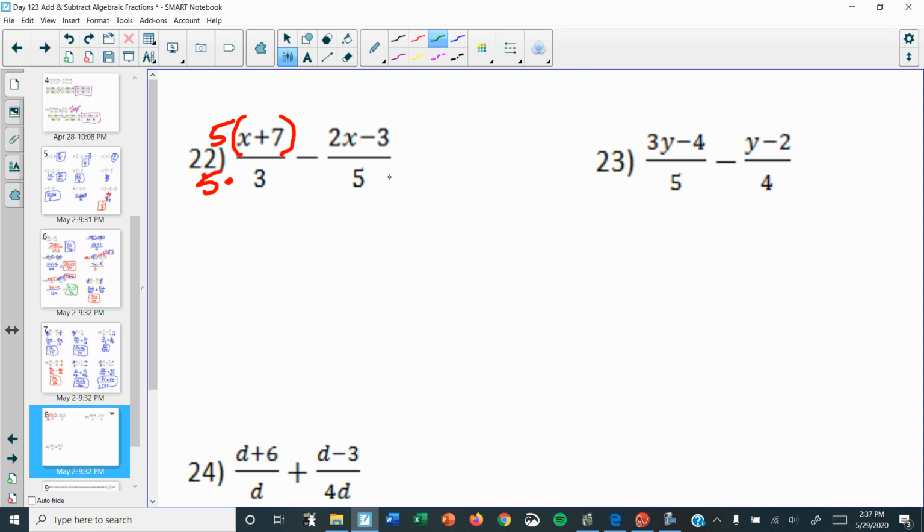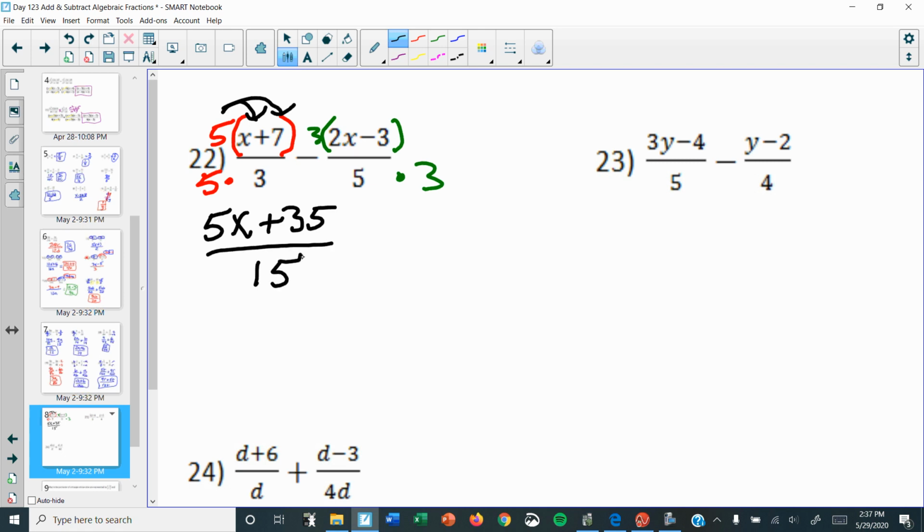Again, we got to multiply by 3 to the bottom on this one. Just to make life easy, a lot of kids get freaked out when they see that. If you don't want to be that kid, just put the 3 in front. And I actually definitely would put the 3 in front, and I'll explain why in a second. So with 22, you get this as the numerator. 5 times x is 5x, plus 5 times 7 is 35 over 15. Now, this is why you got to be so careful. What are you distributing by? A lot of you probably just yelled out a 3. Nah.